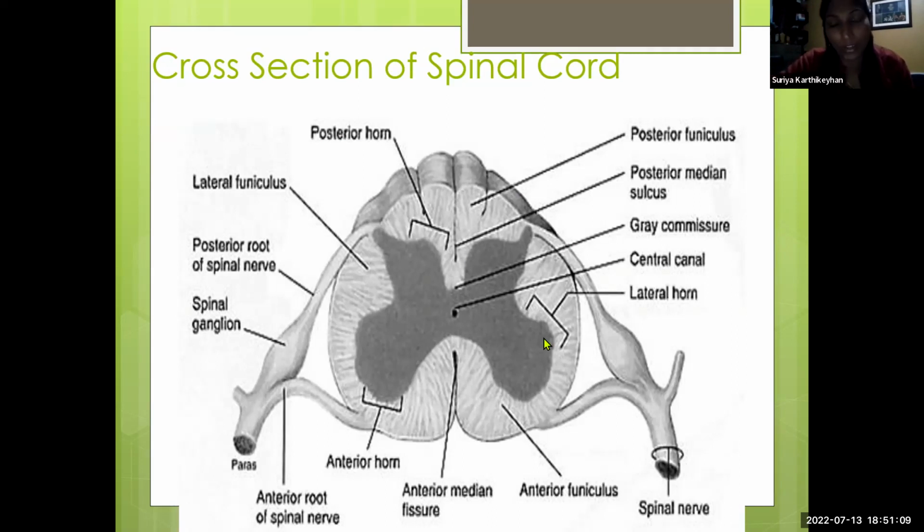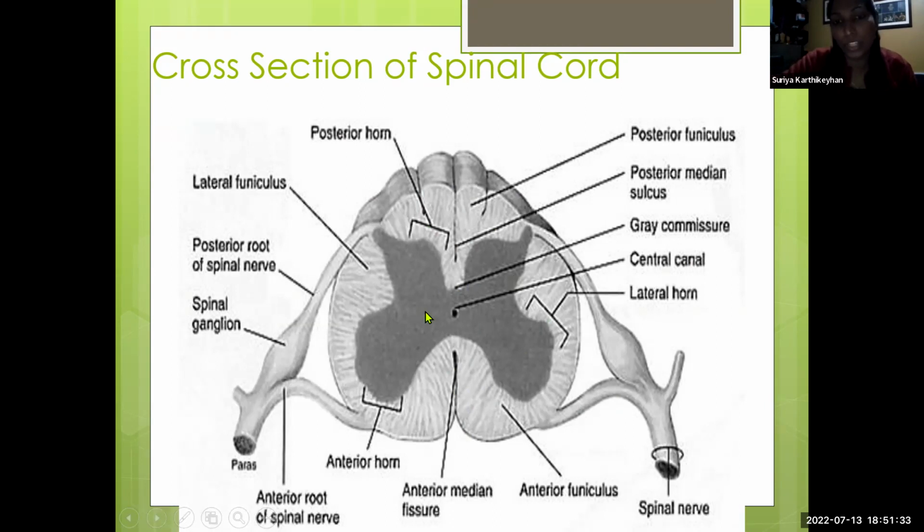Either in gray matter or white matter, the anterior part will have only the motor things. The anterior gray column will have the motor efferent neurons, whereas the anterior funiculus will have the motor descending tracts. The descending tracts will occupy the anterior aspect, whereas the ascending tracts, that is the sensory ones, will occupy the posterior white columns.